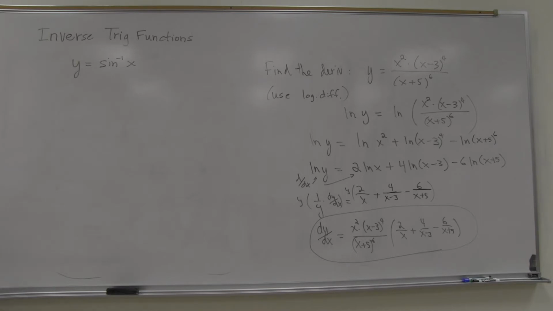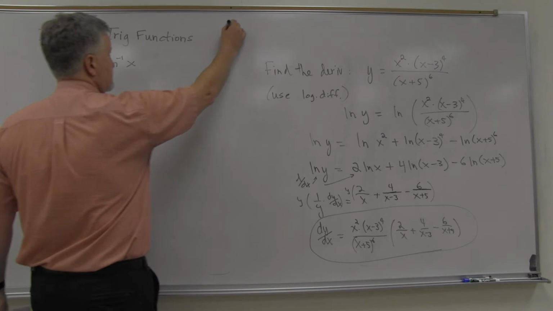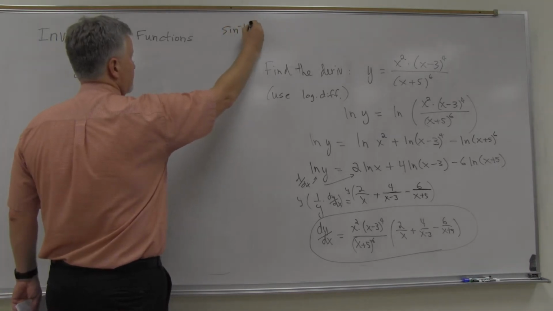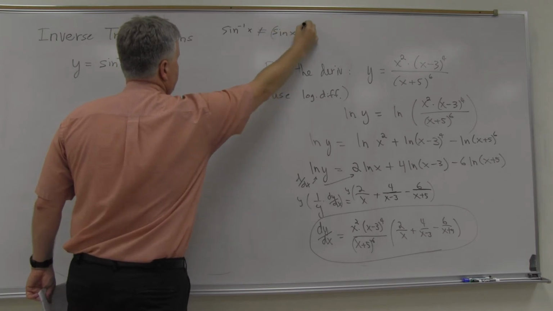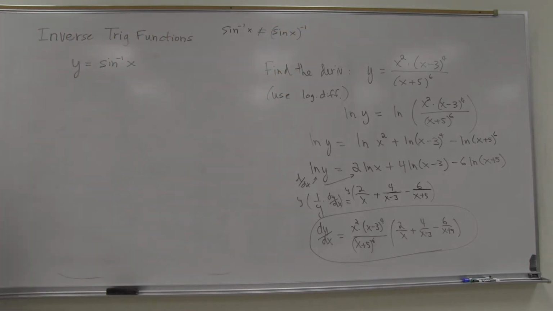The inverse sine is written this way. That's not the same as the negative 1 power. A lot of times you can move a power around, but you can't do that for this notation. It's the inverse sine.